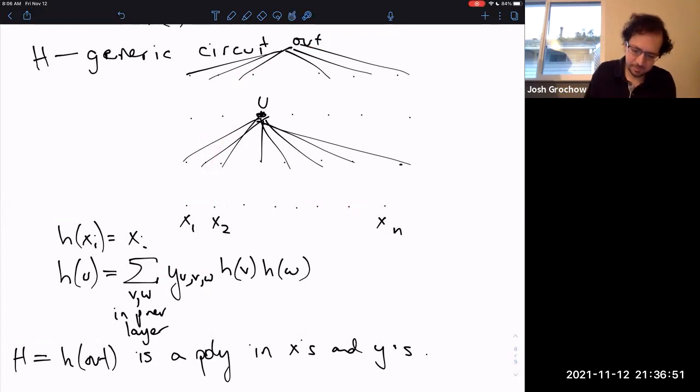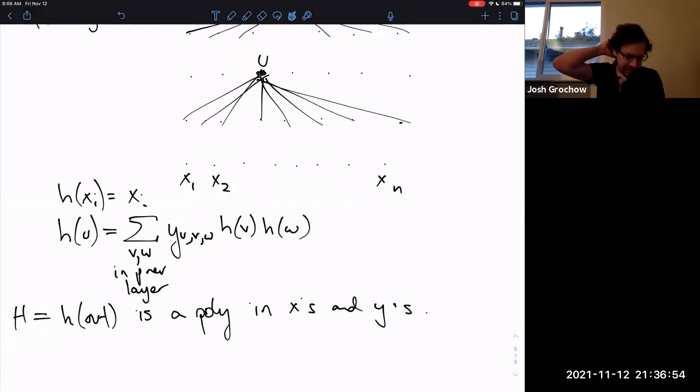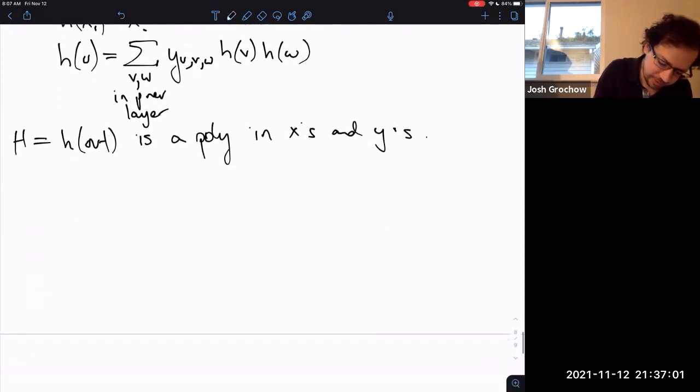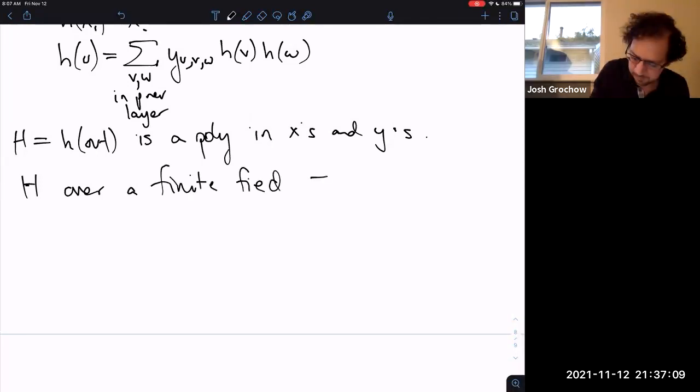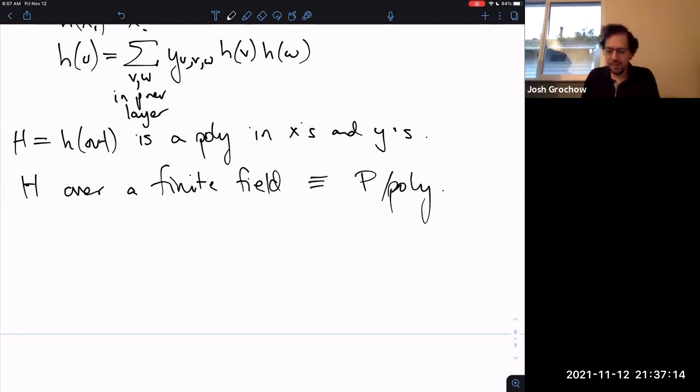And H over a finite field is really equivalent in power to P/poly. This equivalence is now really formal: if something can be computed by poly-size Boolean circuits, then it can be computed by poly-size projections of H over a finite field, and vice versa.